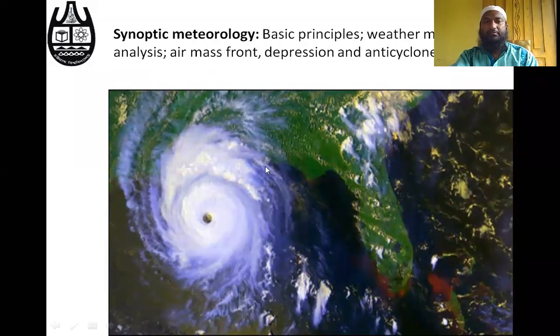At the same time, in synoptic meteorology, we are going to discuss the whole component of the air mass. What do you mean by air mass? Air mass is a chunk of air which is distributed over several kilometers. It might be 100 kilometers, it might be 500 kilometers, it might be 1,000 kilometers also. And these air masses have the same identifying characteristics.